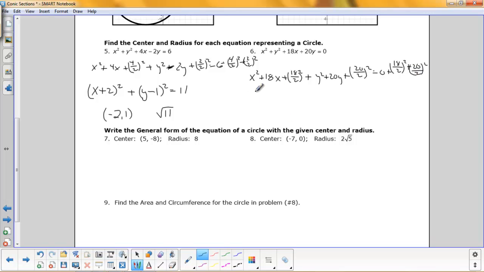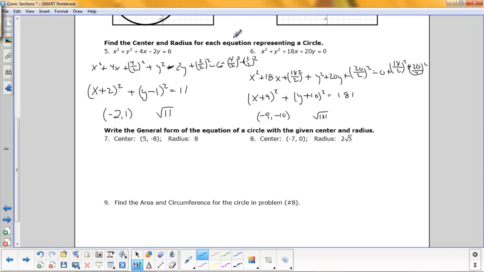More completing the square than you'd ever want to hope to accomplish in your whole entire life, but it's still a good process to practice. (y plus 10) squared equals 181. The center is -9, -10 with a radius of the square root of 181.